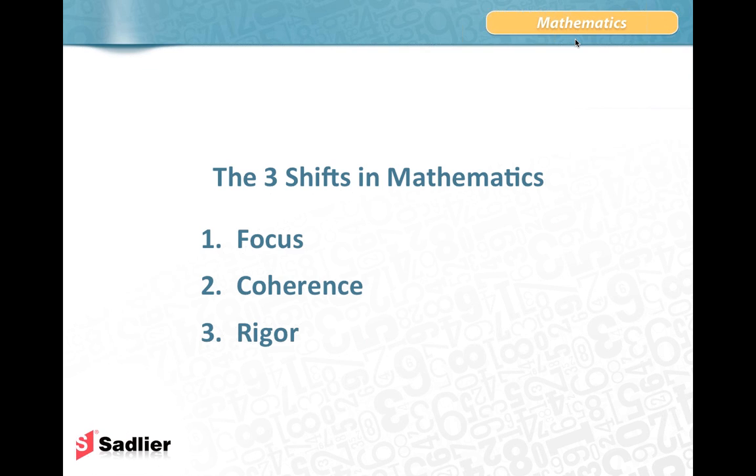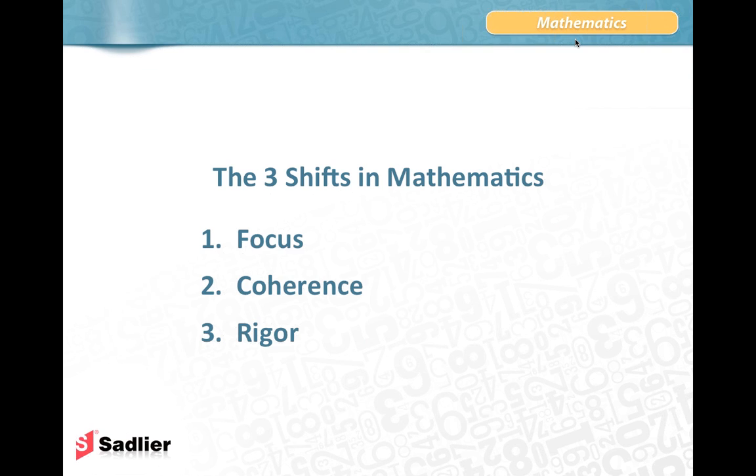The next, I'm just going to talk briefly about the 3 shifts, because I want to, again, show you and point out how they're addressed in our program. So the 3 shifts in mathematics are focus, coherence, and rigor. And I'm sure you've been hearing a lot more about these 3 shifts. In New York, there's 6. They started off with 6 shifts, and then they eventually moved them over to 3.